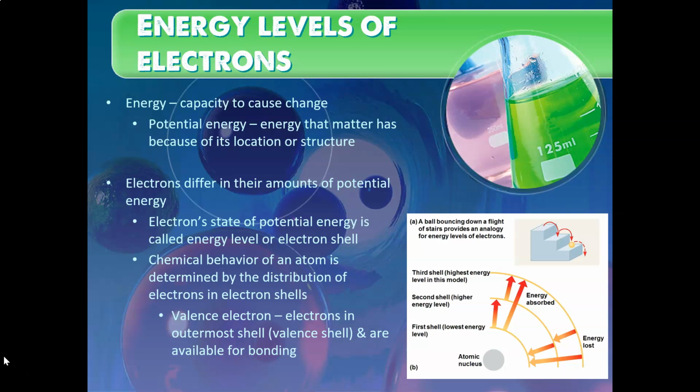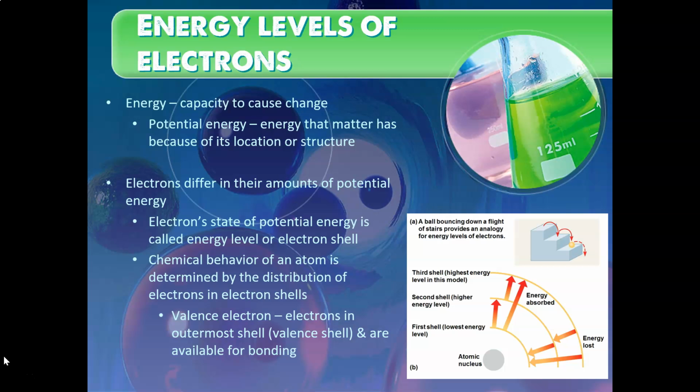So we often discuss electrons in a handful of different models in terms of where they're located relative to the atom's nucleus. We can talk about orbitals, we can talk about electron cloud, which is really just they're there somewhere, or we can talk about energy levels.